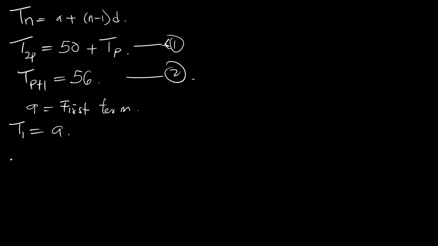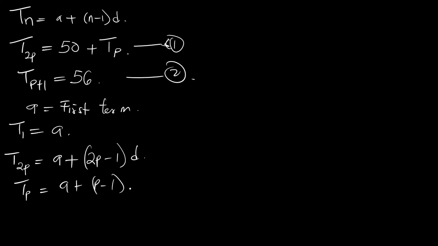For us to do that, the 2p term will be equal to a plus (2p minus 1) times d. Now the p term is equal to a plus (p minus 1) d.